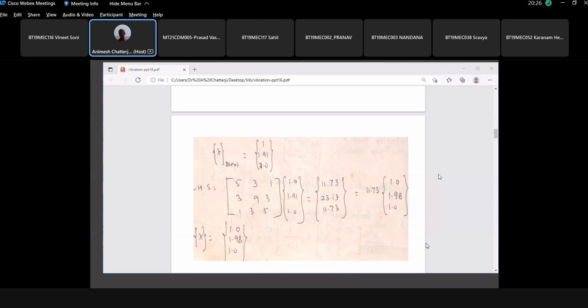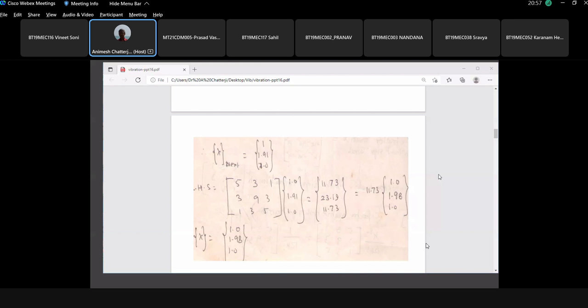If I take, say, 1, 2, 2, then I will see it converging much faster, because 1, 2, 2 is almost the same as the actual answer 1, 2, 1. So the number of iterations will depend on how close the starting vector is to mode shape number 1.